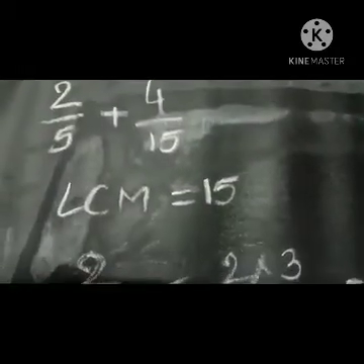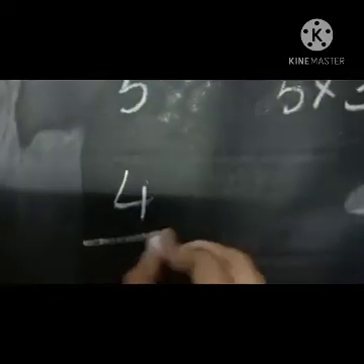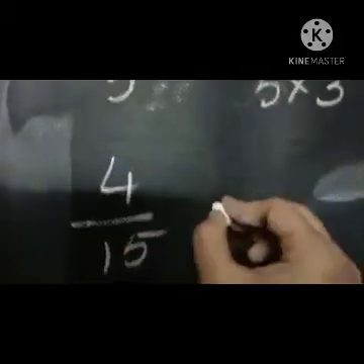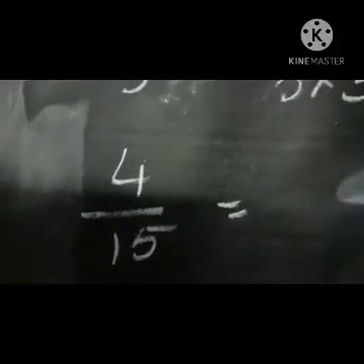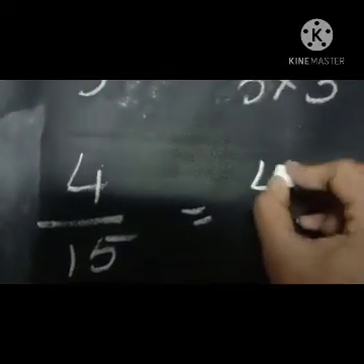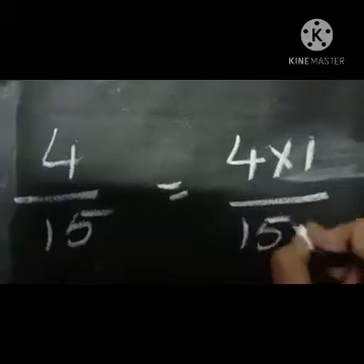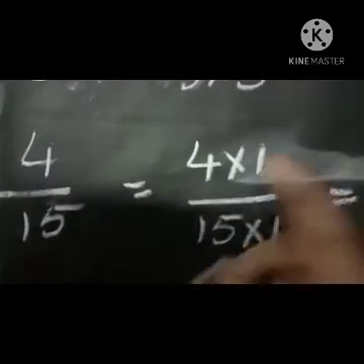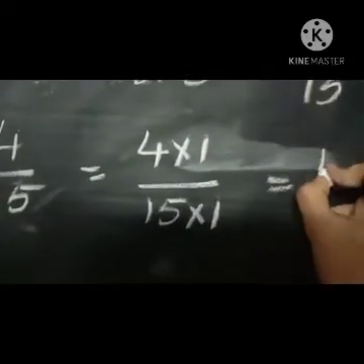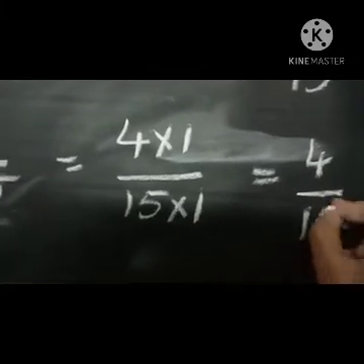Next, what is the number? 4 by 15 now. In 15 table, 15 is there or not there? Yes. How many times? 1 time. So, 4 into 1 by 15 into 1. 4 ones are? Yes, very good, 4. 15 ones are 15.